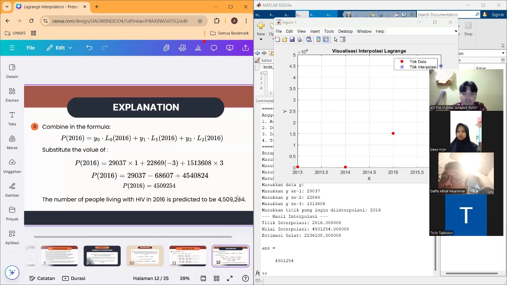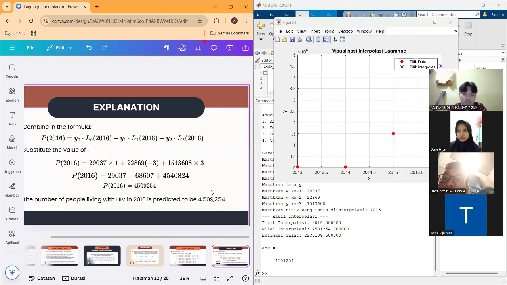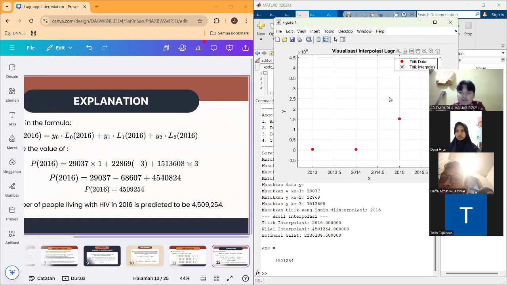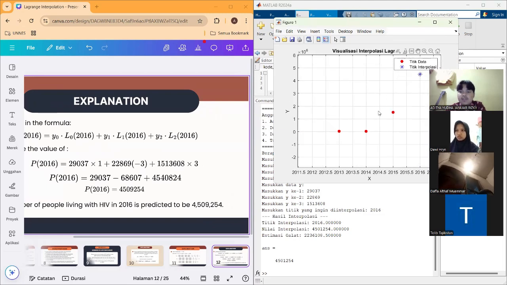Is it the same as Mbak Dewi's? It is similar to Mbak Dewi's 4,500,000 and so on. So as you can see, it is the same answer that Mbak Dewi already explained and gave.